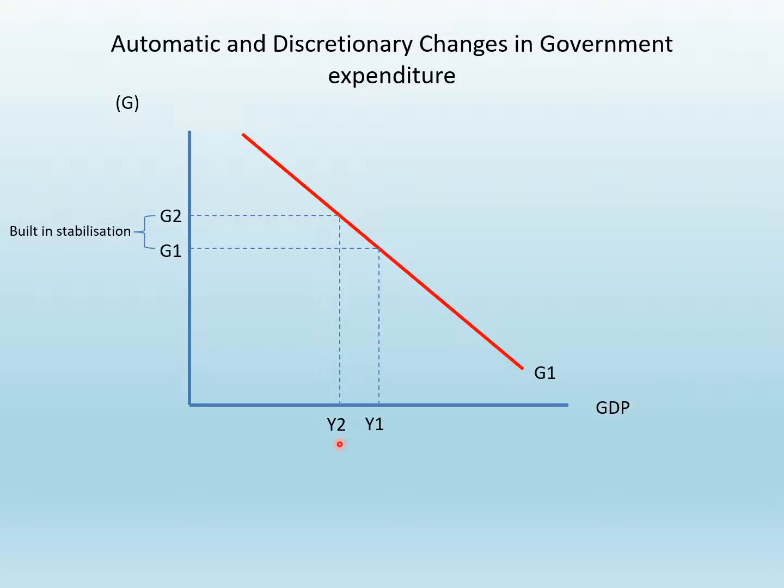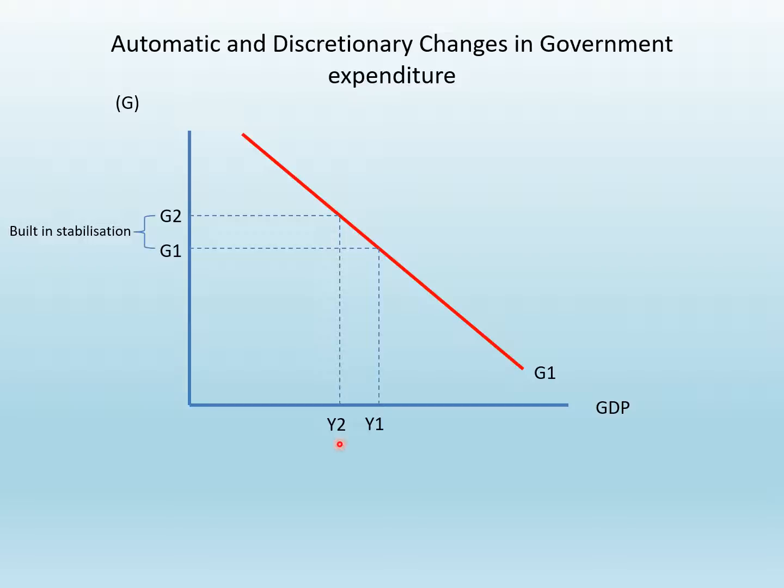This needs to be contrasted with a discretionary policy change. If we start again at Y2, the increase from G1 to G2 is a built-in stabilizer. It's an automatic process. Unemployment increases as you move from Y1 to Y2, unemployment benefits kick in and expenditure automatically goes from G1 to G2.